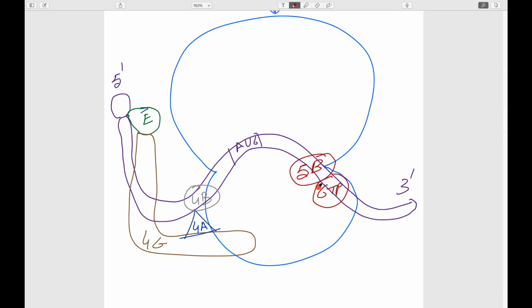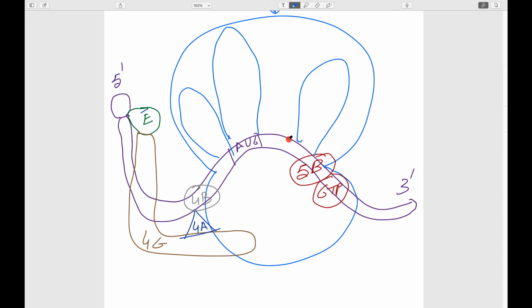Then we have the sites: this is the exit site, this is the P site, this is the A site. At the P site there is the transfer RNA, UAC, carrying methionine. Then this one is 40S, and this is 60S.